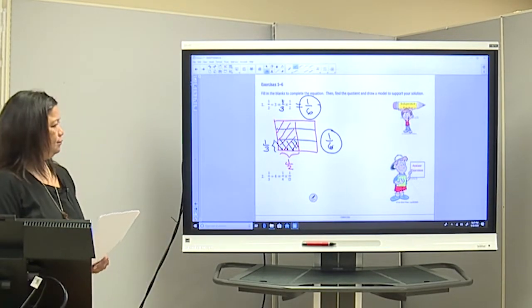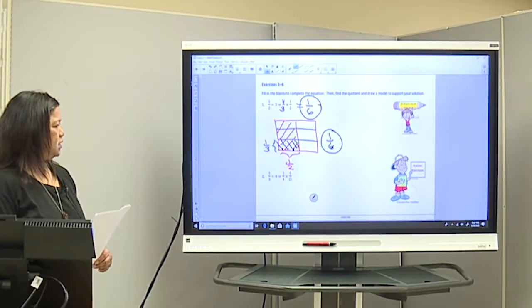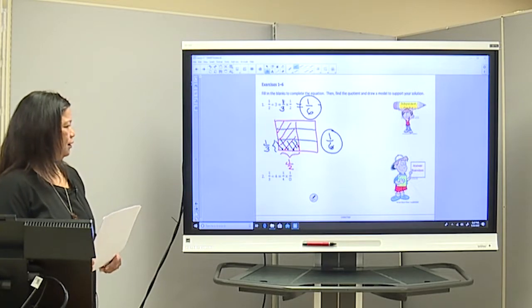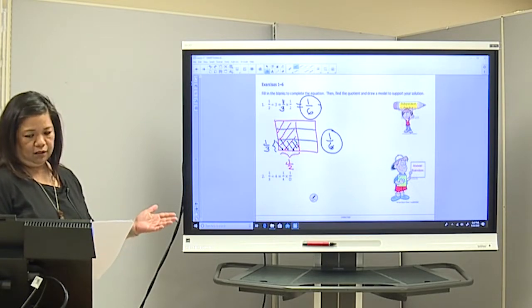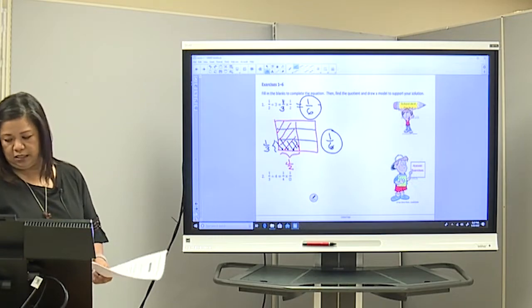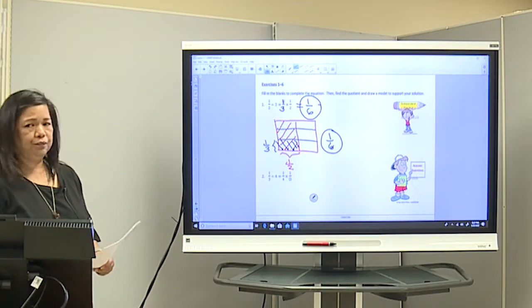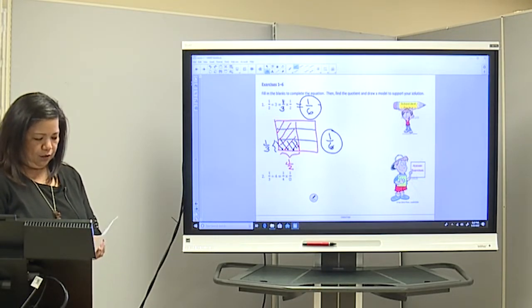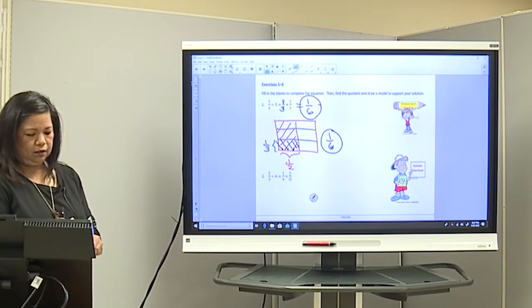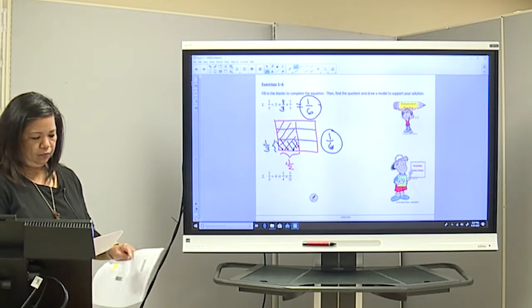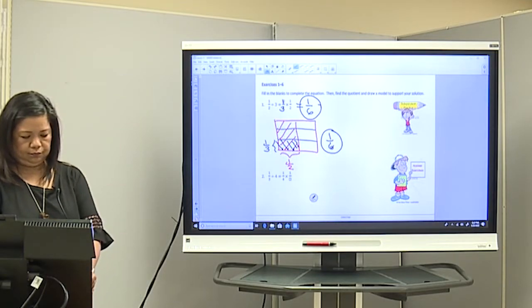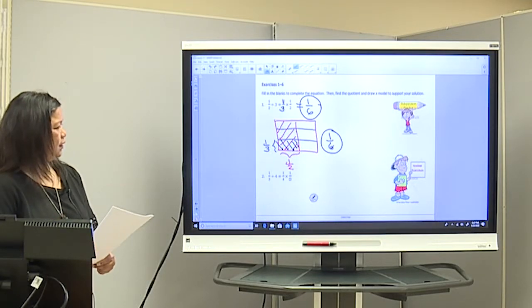Try number 2 on your own. I'm going to give you a minute. It says 1/3 divided by 4 equals, and then there's an expression in multiplication that is incomplete. What is missing there? Go figure that out. Use a model. All right.